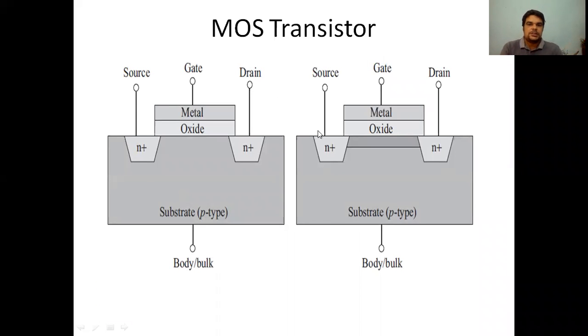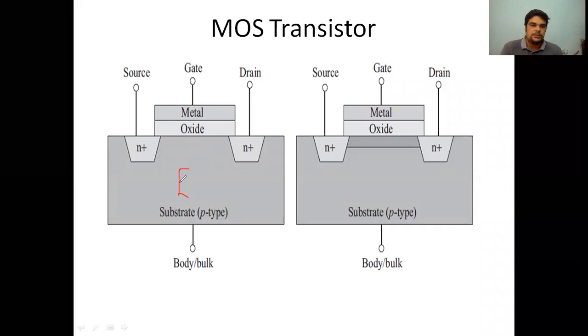This is the basic structure of a MOS transistor. The transistor on the left side is your enhancement MOSFET, and the transistor on the right side is the depletion MOSFET.